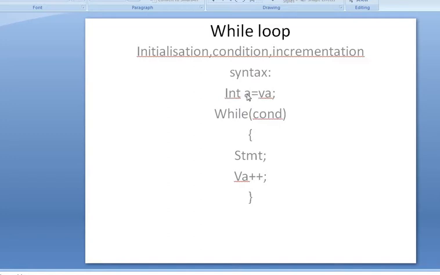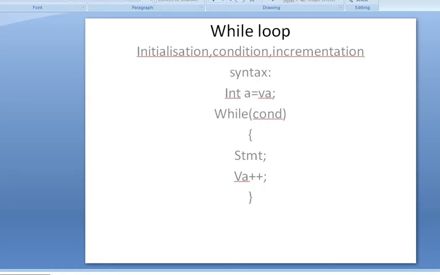Here I am initializing a value to the variable, and then the while condition is evaluated. When this condition is true, it goes inside the while block and executes the statement. After executing, it goes to the incrementation part and the value is incremented. So this loop continues till the condition is no longer satisfied.